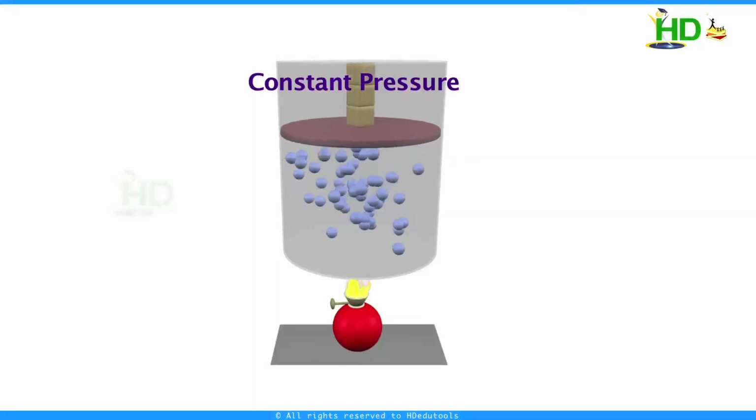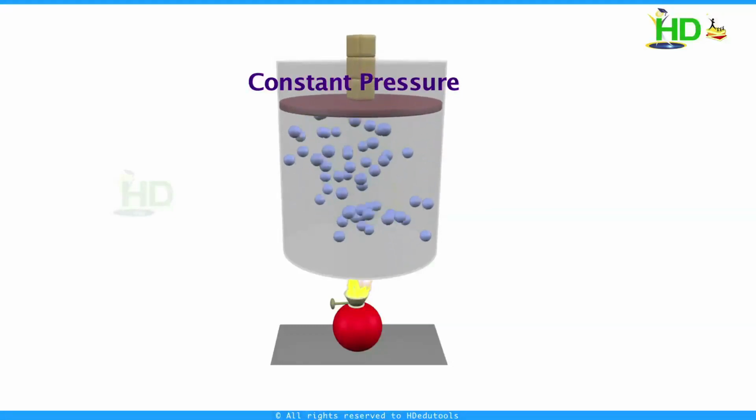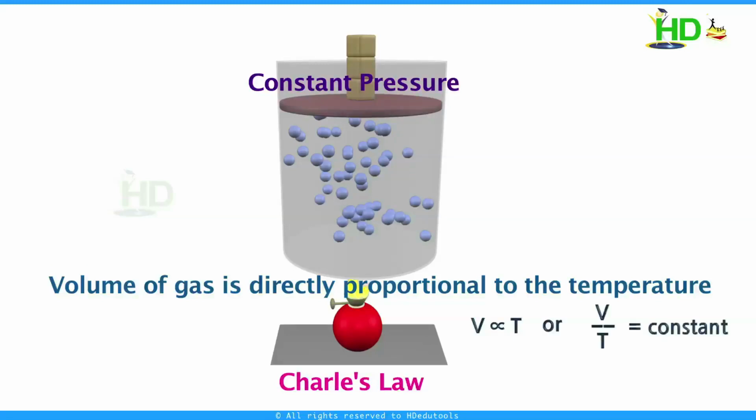Exactly, it expands. If you give more and more heat, the rise in temperature is more, and the volume is also more. From this, what can you conclude? The pressure is constant, and the volume of gas is directly proportional to the temperature. This is Charles' law. Mathematically, V proportional to T or V by T is equal to constant.